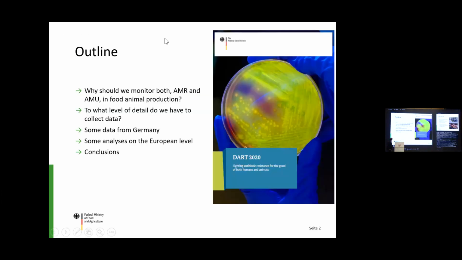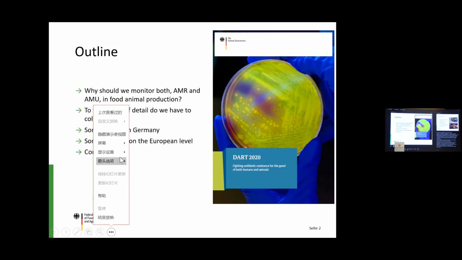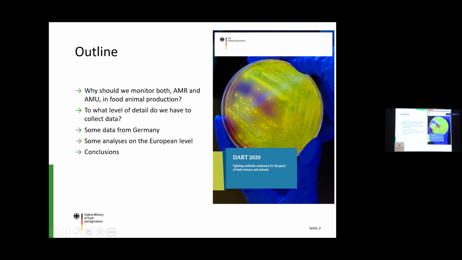Okay. Sorry for this delay. I'm going to present the following points. I would like to explain the German approach to surveillance of antimicrobial use. I will explain our reasons. I will explain the level of detail.